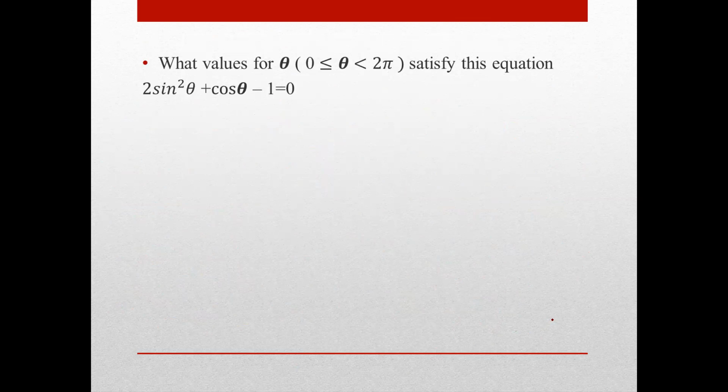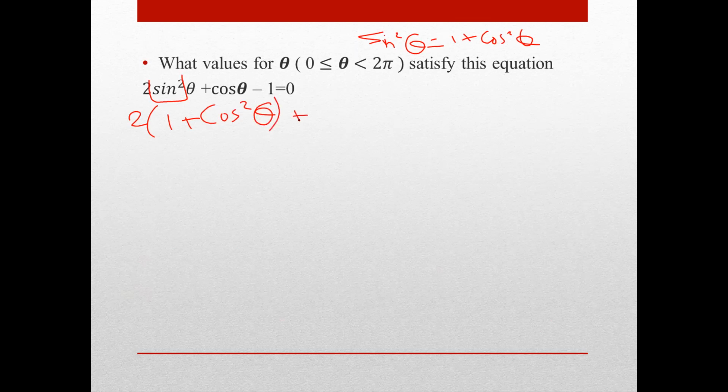Now here, 2 sine squared of theta plus cosine theta minus 1 equals 0. For this one, we have to use the Pythagorean identity: sine squared of theta plus cosine squared of theta equals 1. I will use it to put 1 minus cosine squared instead of sine squared. So 2 times (1 minus cosine squared) plus cosine theta minus 1 equals 0.